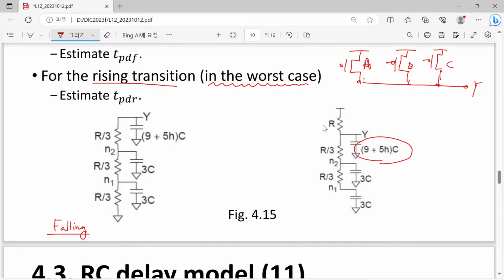In the best case, we will have a much smaller value, 1/3 of R. Okay, so this is the worst case.